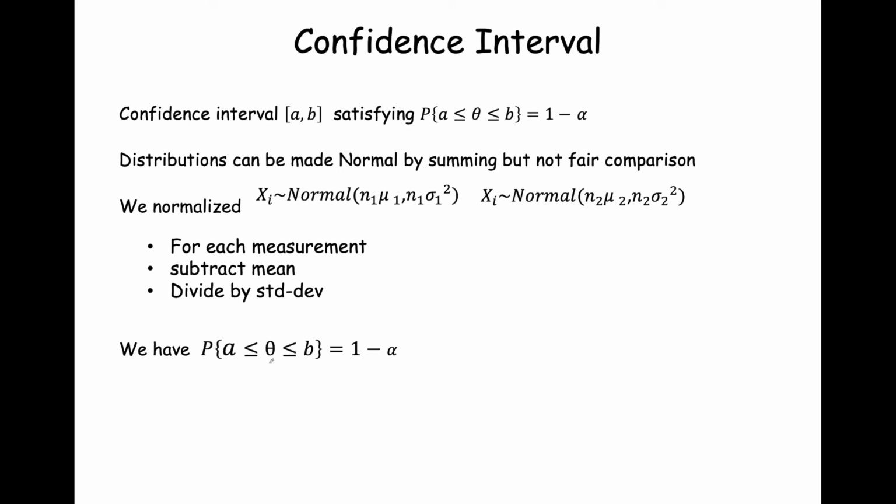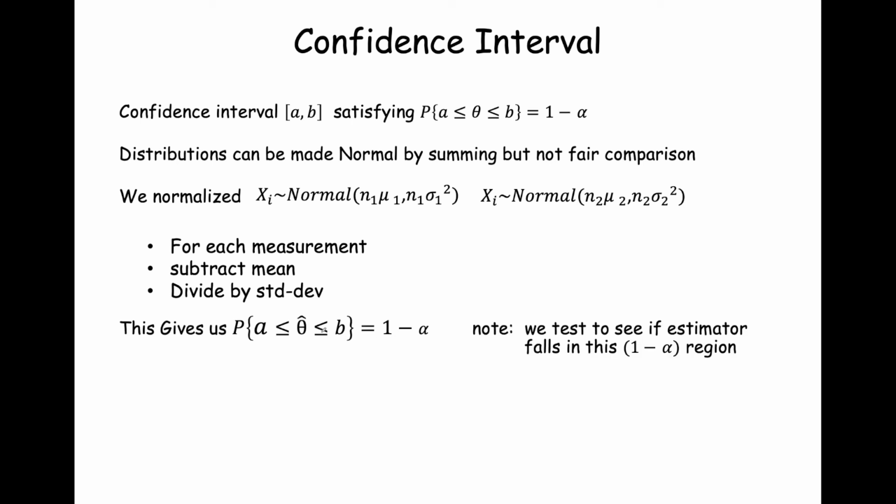And so we take our expression for what it means to be a 1 minus alpha confidence interval. We set up that probability for that interval between A and B for our unknown population parameter being that proportion 1 minus alpha. And we're going to replace that with our estimator.